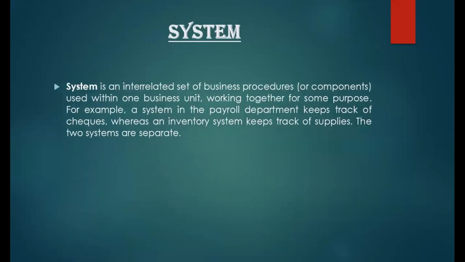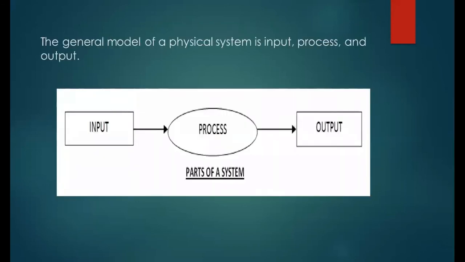Then we talk about the system. What is a system? A system is an interrelated set of business procedures used within one business unit, working together for some purpose. For example, a system in the payroll department keeps track of checks, whereas an inventory system keeps track of supplies. The two systems are separate but work under a single organization.